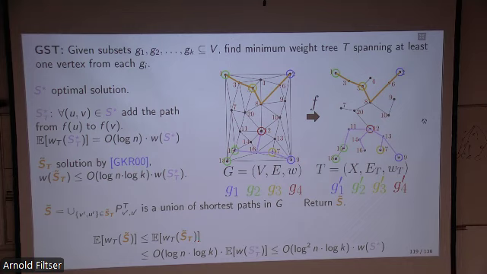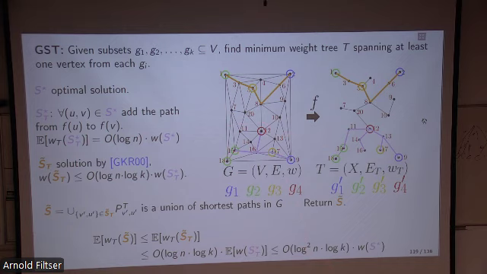Now we argue that the tree S tilde T is at most log k log n times larger than S star T, right? This is because of using the Garg et al. algorithm. So it's log n log k times the expected size of S star T, and S star T, as you recall, is log n times larger than the optimal in expectation, right?